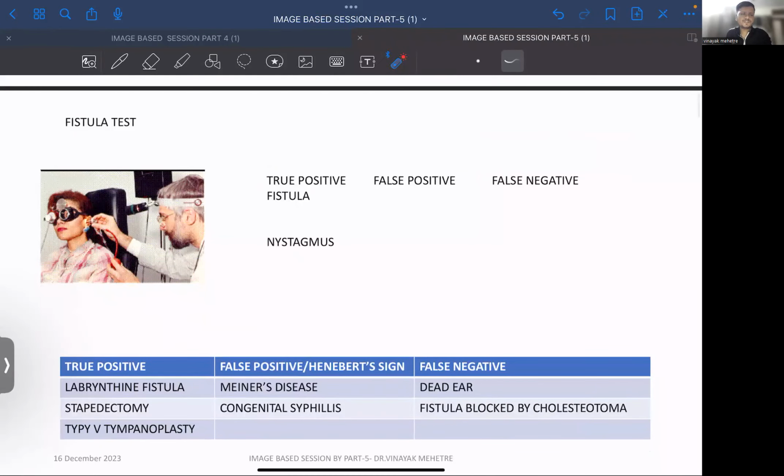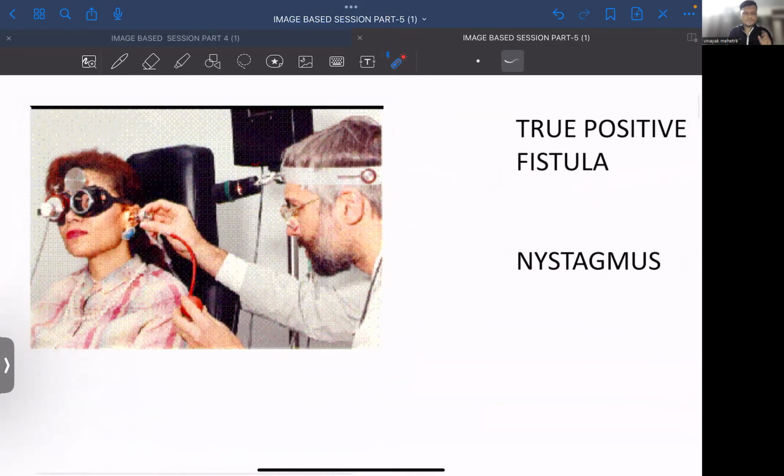Then we come to the fistula test. What is the fistula test? What we will do in this is take Siegel's speculum and increase the pressure in the external auditory canal.